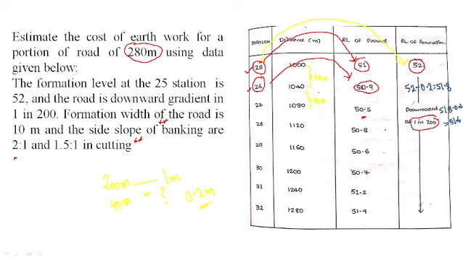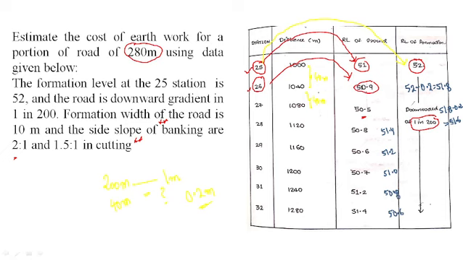Similarly, at 28th station, it is 51.4, 51.2, 51.0, 50.8, and 50.6.